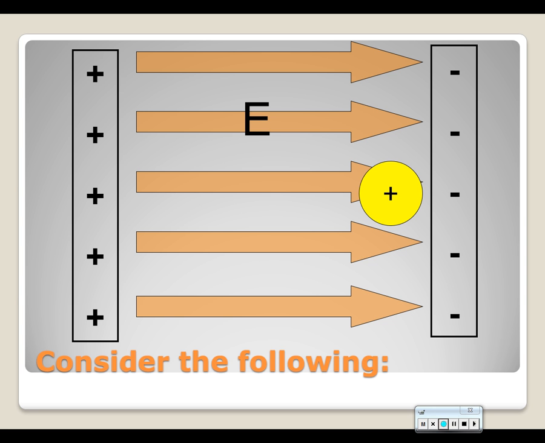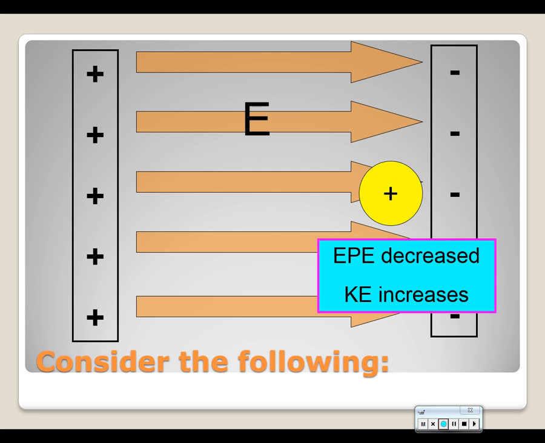When potential energy goes down, kinetic energy goes up. Just like dropping a ball within a gravitational field, potential energy decreases and kinetic energy increases. You don't really have a place to write that down, but you need to understand that idea.